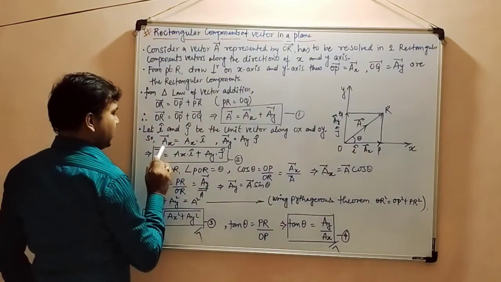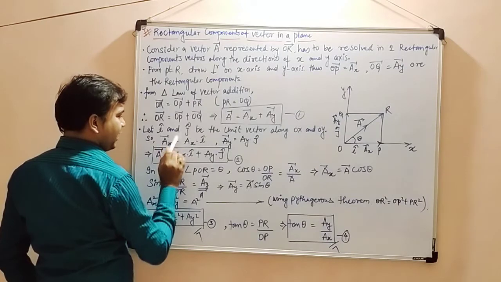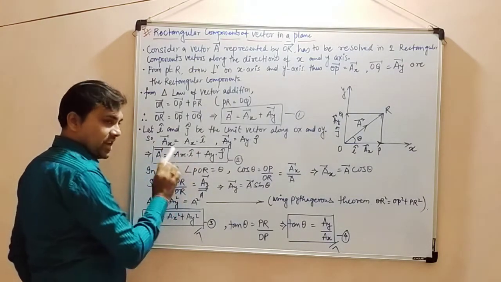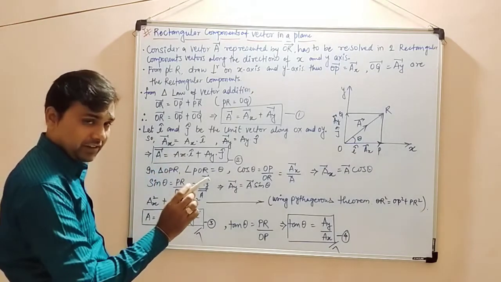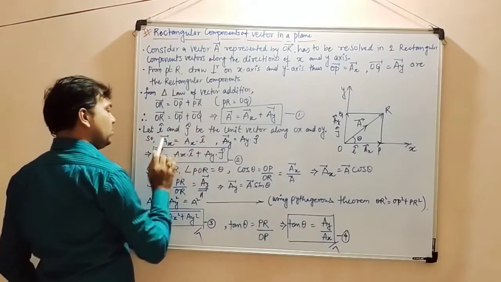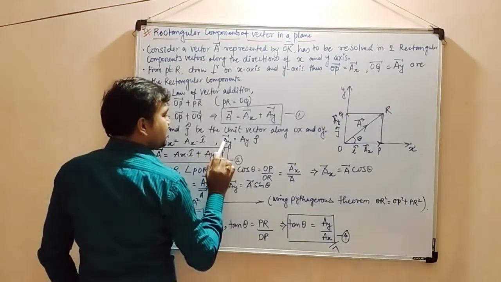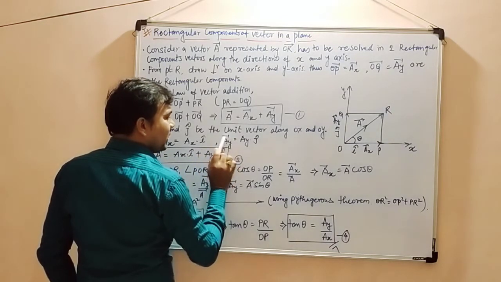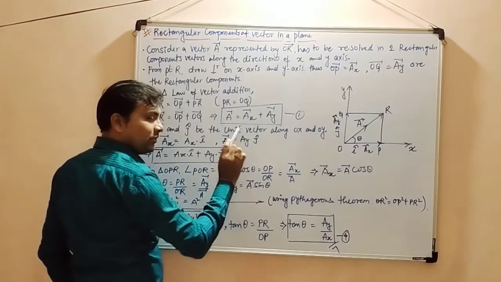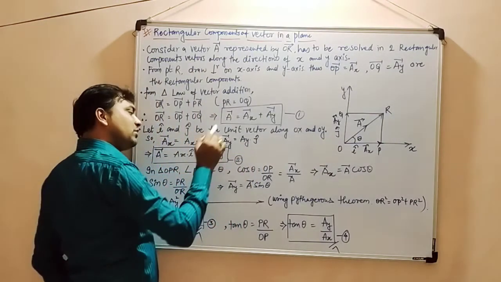Vector AX can be written as AX times I. What is AX here? AX is the modulus of the vector. The modulus multiplied by the unit vector gives you a vector. Similarly, vector AY equals AY times J, the modulus of AY multiplied by unit vector J, which gives you vector AY.